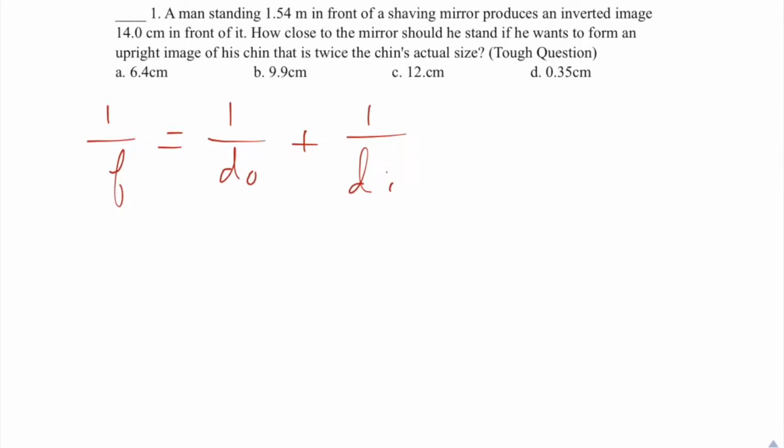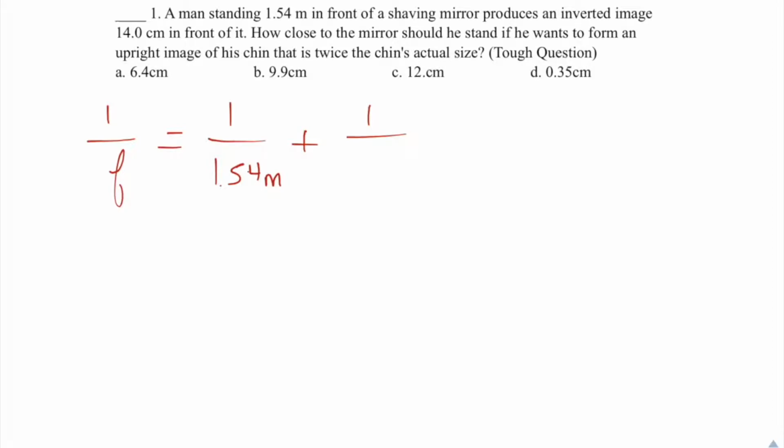The distance of the object in this case is the distance of the man, which is 1.54 meters, and the distance of the image is the inverted image that is 14 centimeters in front of it.